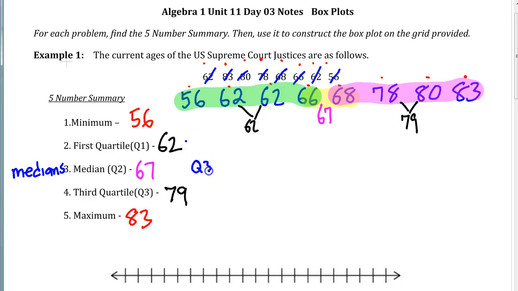So we have Q3 minus Q1. That's called the interquartile range. And what would that equal here? 17. And then we have the range.